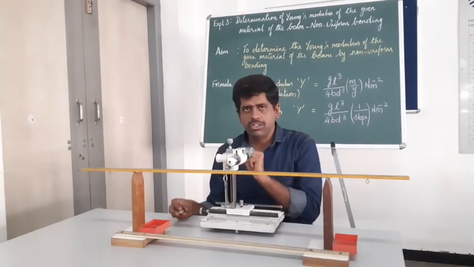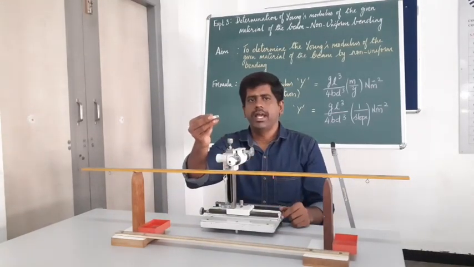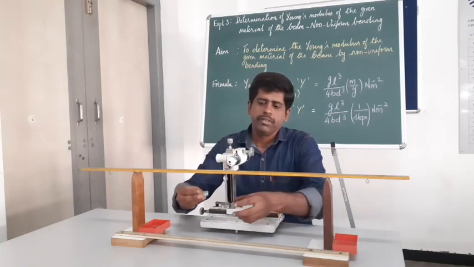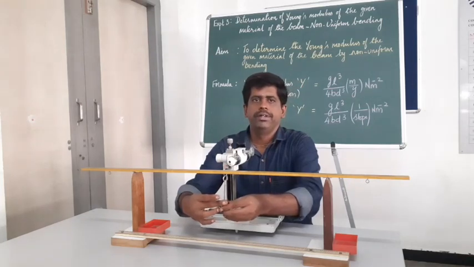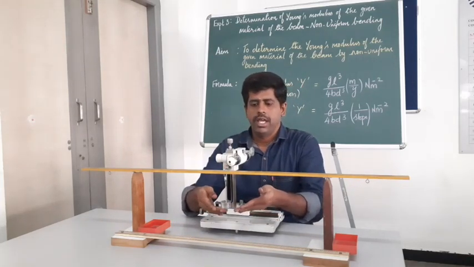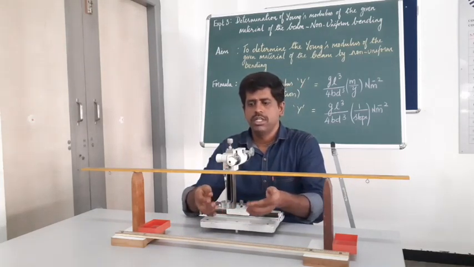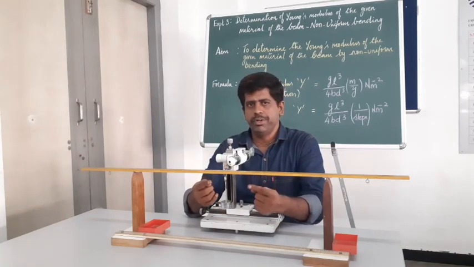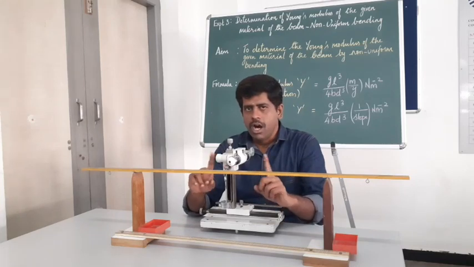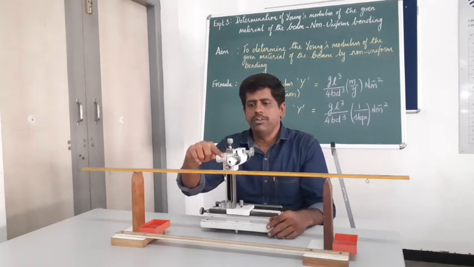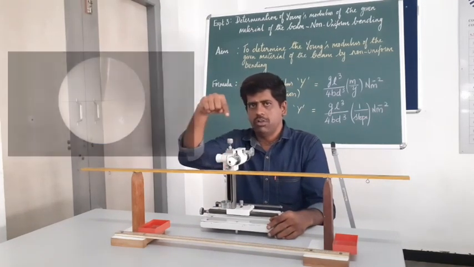Once the values are noted, we will take another 50 grams and load them here. Due to the extra load or force, there will be a small depression in the cantilever, which will alter the alignment of the pin with the horizontal cross wire.